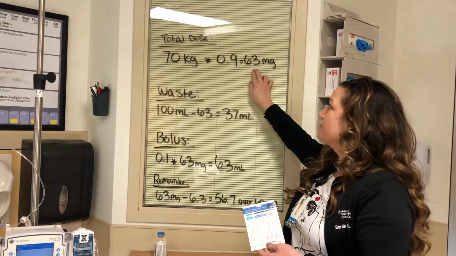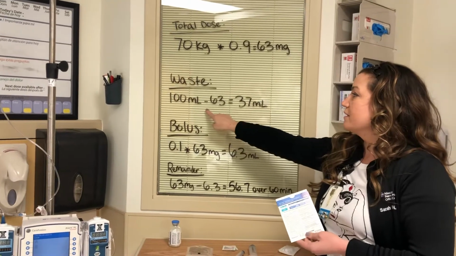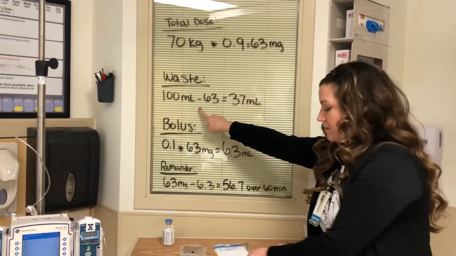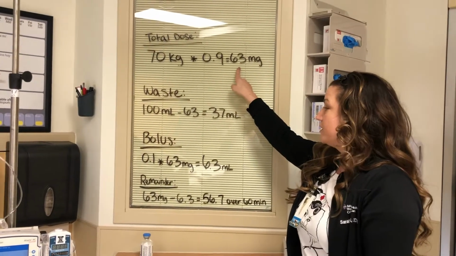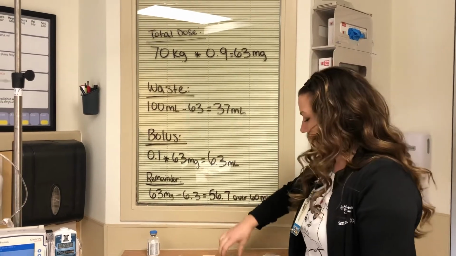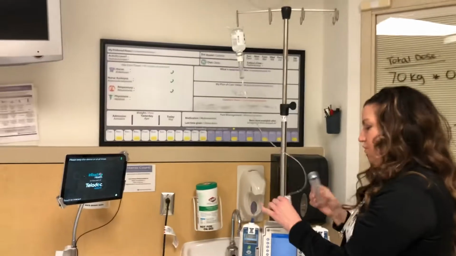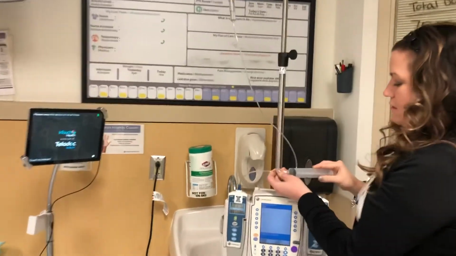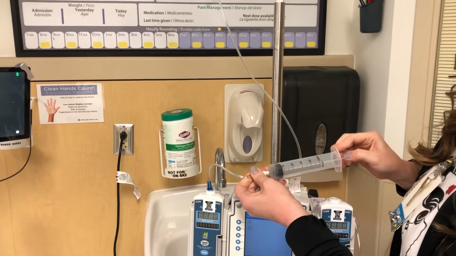So we have a total dose of 63 milligrams. Our waste is 100 mLs, the entire contents of the bottle, minus 63 mLs, which is what our total dose will be given, which leaves us with 37 mLs. From there, I have a 50 cc syringe, depending on what your bolus is. I'm going to withdraw.